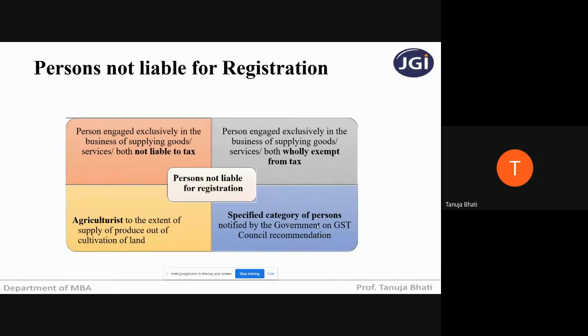So these are certain specified category of persons which are notified by the government on the recommendation of GST Council that they are not liable for registration under GST.